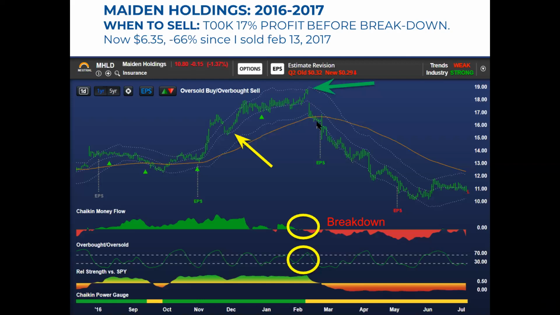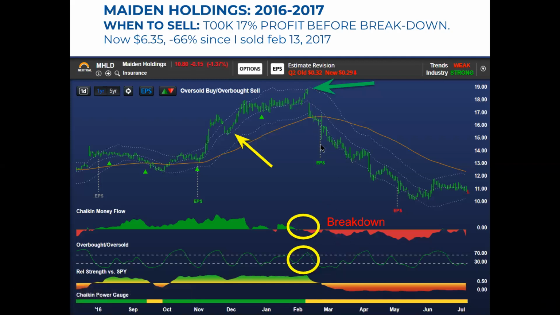And then a few days later, they reported as scheduled, and the stock dropped another 10%. At this point, power gauge had turned neutral, relative strength had turned negative, and you started to get a persistent patch of money coming out of the stock. The stock was breaking down. This is the pattern to look for.